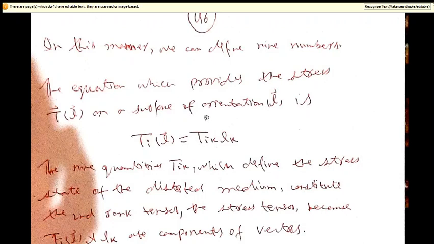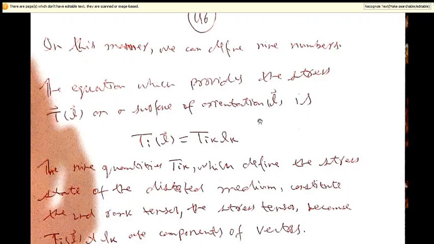This is the equation which provides the stress Tl on a surface of orientation l. Now, orientation l means that the surface has a normal l in an arbitrary direction.